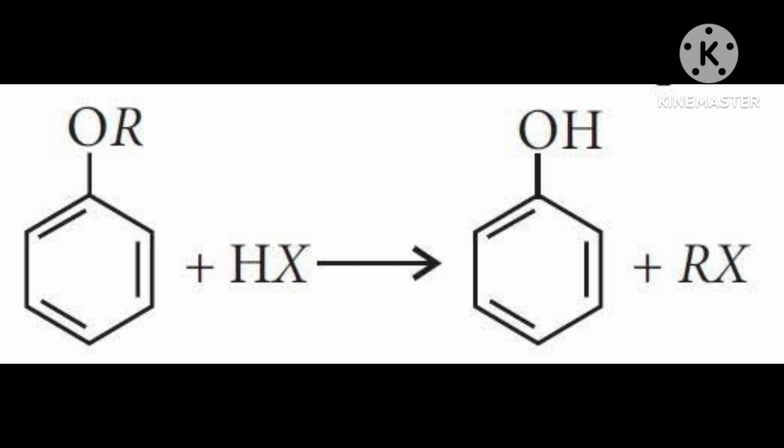Now you can see the O-CH3 bond is weaker, because oxygen is positively charged, than the bond between O and C6H5. Always remember the bond between O and C6H5 is stronger, because the benzene ring is stable.